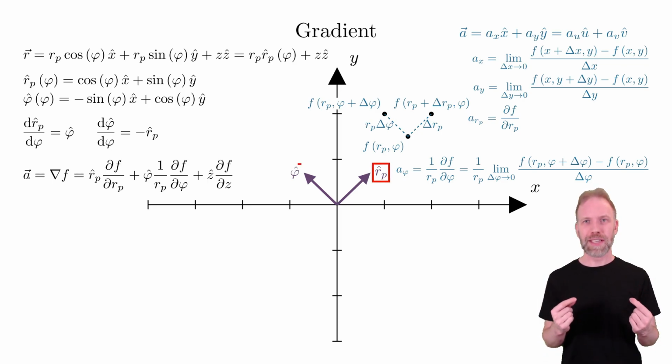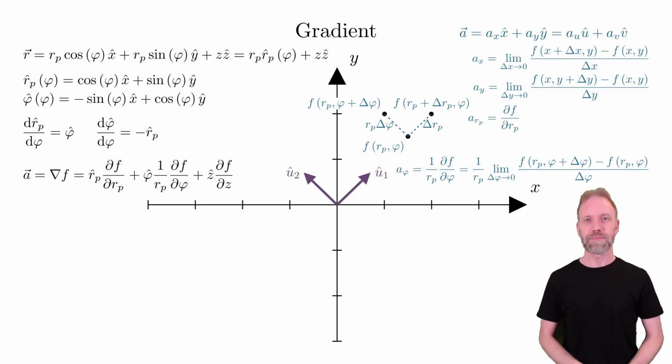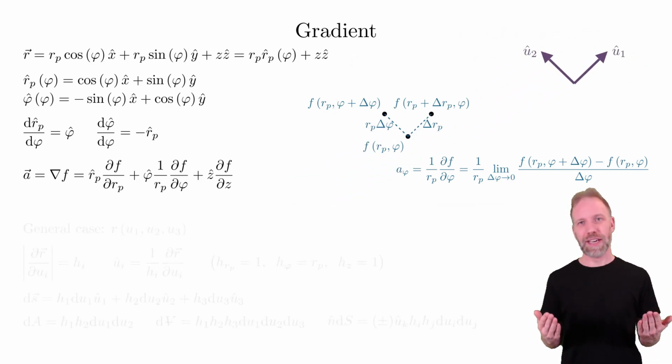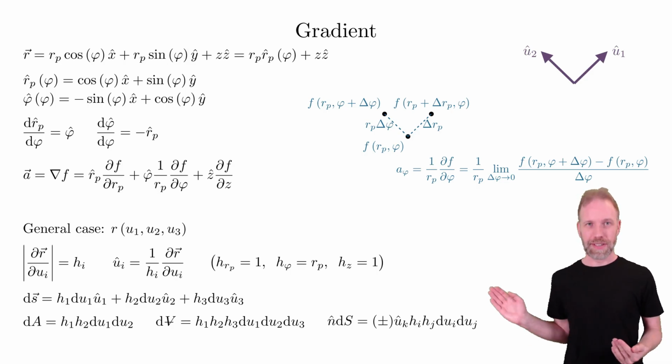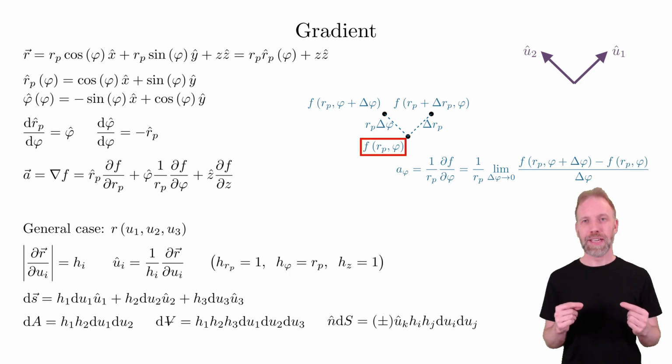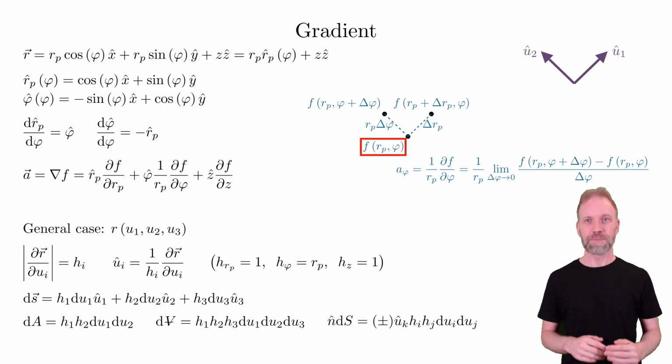Change the unit vector names to general names u1 hat and u2 hat. Let's bring back what we derived for general orthogonal coordinates in the previous videos. We call the point f of u1 and u2.